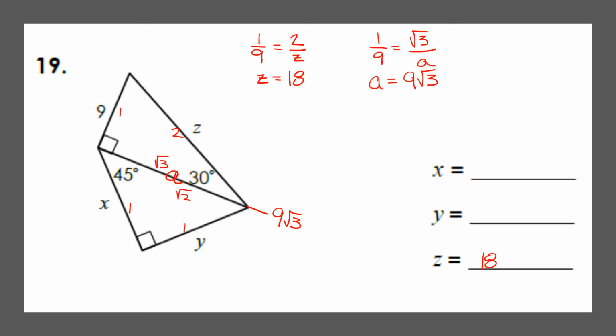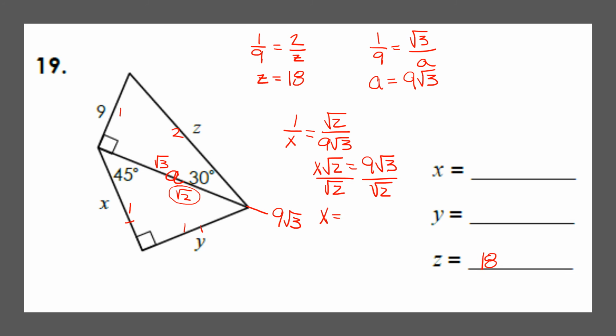So then to find x and y, first thing I know is those two are congruent. So I can do 1 over x equals, now that I'm dealing with the 45, 45, 90, I use the measurement on the inside, so square root of 2 over 9 radical 3. Whenever I cross multiply, I get x radical 2 equals 9 radical 3. I have to divide both sides by radical 2.